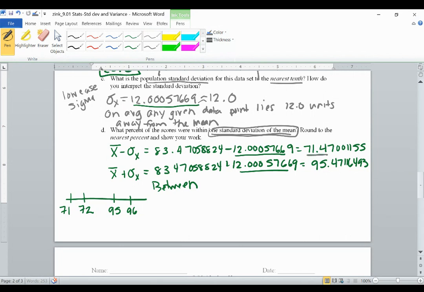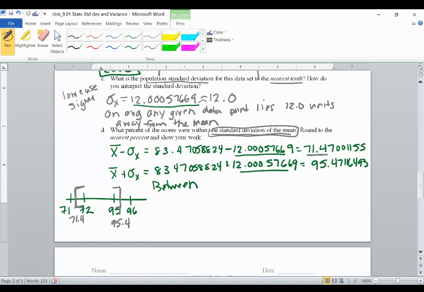So to graph 71.4, it would be somewhere here, and to graph 95.4, less than half, would be here. So I want to be between these two values.